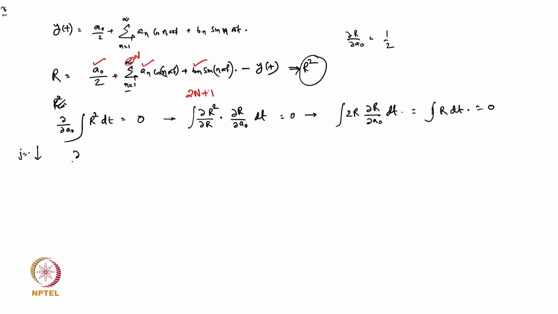So del by del aj of integral r square dt equals 0. So integral 2r into del r over del aj into dt will be equal to 0.